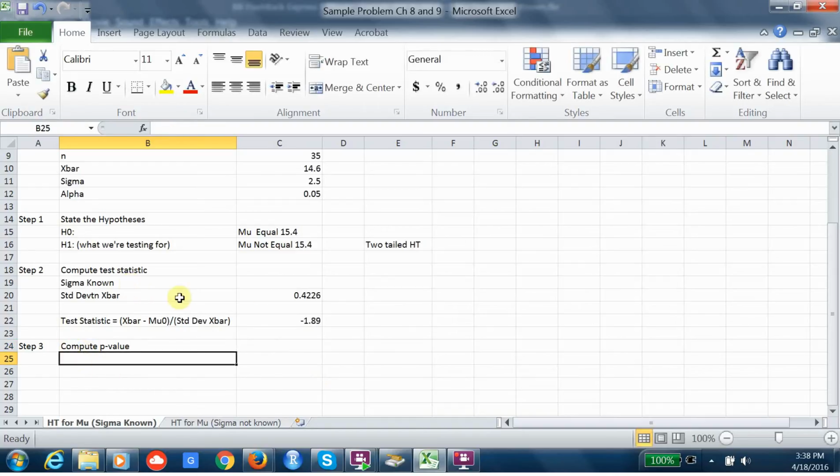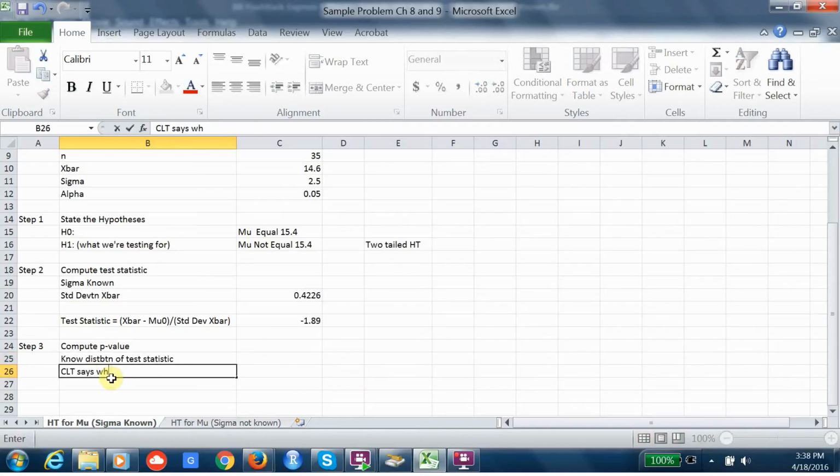So in order to do this, I have to know the distribution of my test statistic. And what I'm going to use is the fact that the central limit theorem says when n is greater or equal to 30, then the test statistic is distributed like a standard normal.